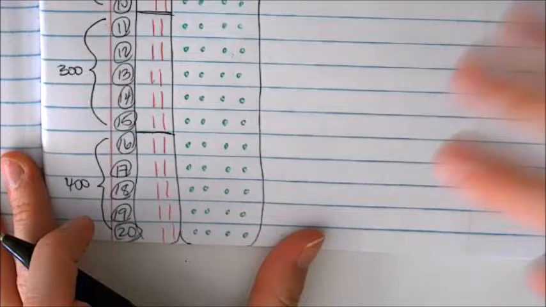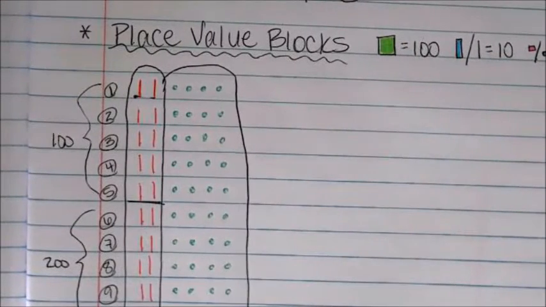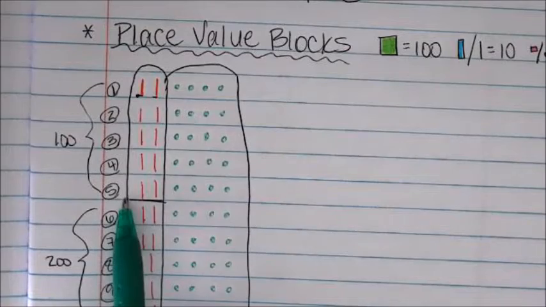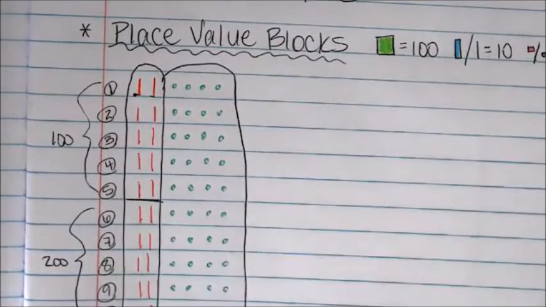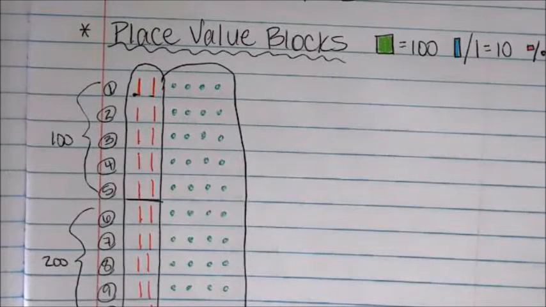Now I need to count up my ones place numbers, and to do that, I'm going to be counting fours, okay? And I have 4 right here, and I'm going to group them much the same way.